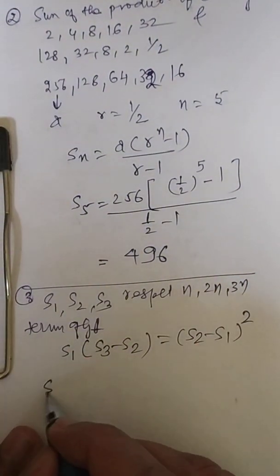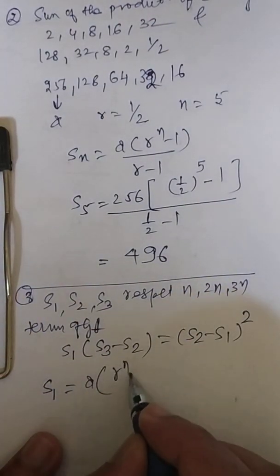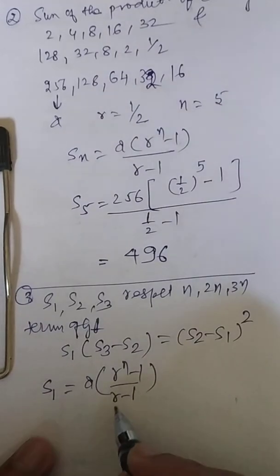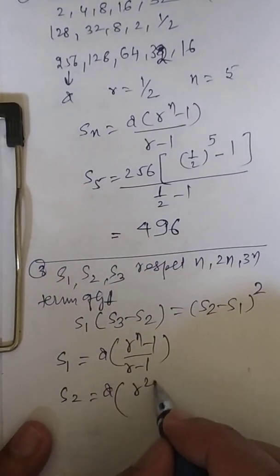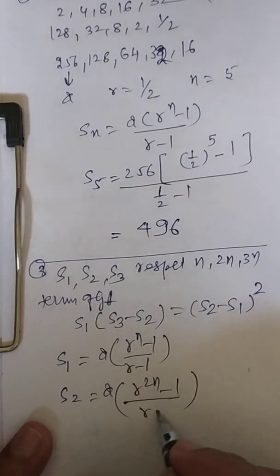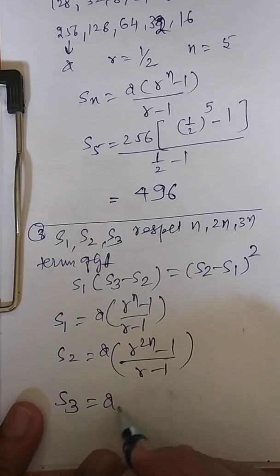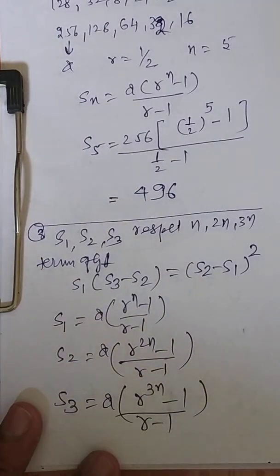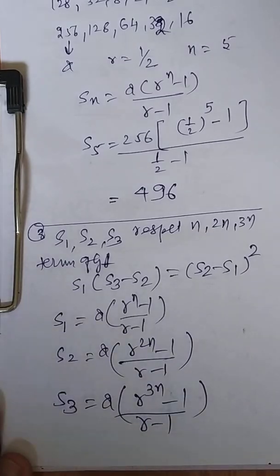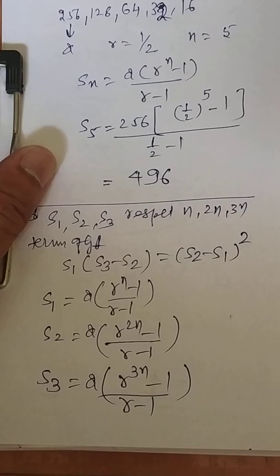S1 is the sum of n terms, so a into r raised to power n minus 1 upon r minus 1. S2 is a into r raised to power 2n minus 1 upon r minus 1. S3 is a into r raised to power 3n minus 1 upon r minus 1.